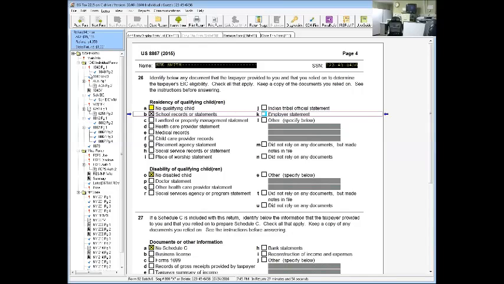That would probably be if they had a Social Security card of a child that wasn't theirs and that did not live with them. That would be considered fraud, and they could lose the EIC for 10 years. They could also go after them in some sort of legal way as well, I think, for fraud. But, okay.